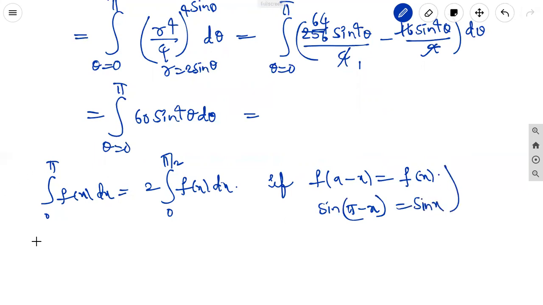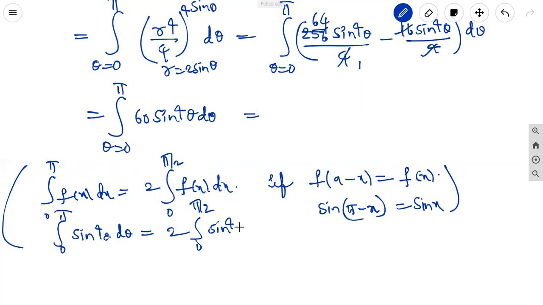In that case, we can write the integral from 0 to pi of sin power 4 theta d theta as 2 times the integral from 0 to pi by 2 of sin power 4 theta d theta.